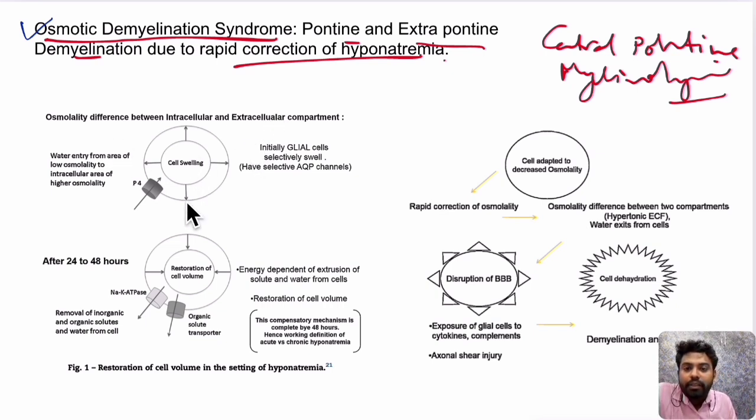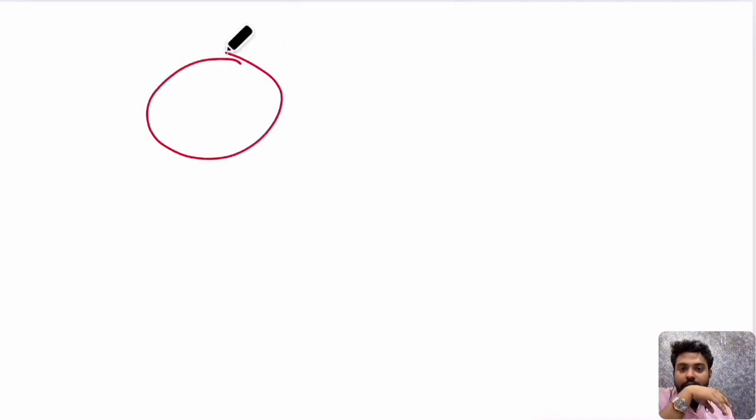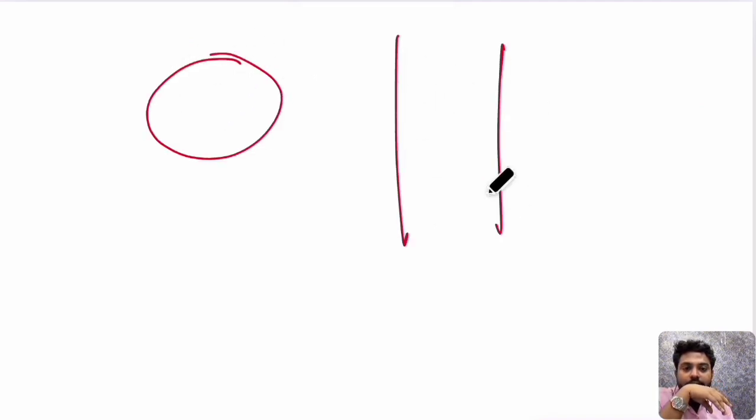Initially, within 48 hours, the body is very good at preserving homeostasis. Suppose this is your brain cell, and this is your plasma.